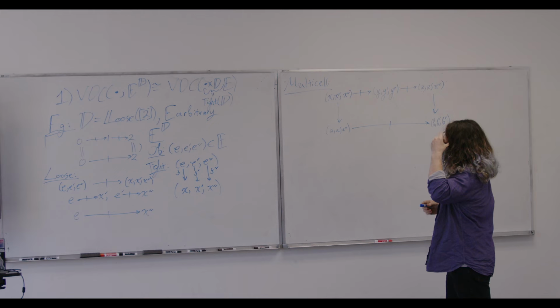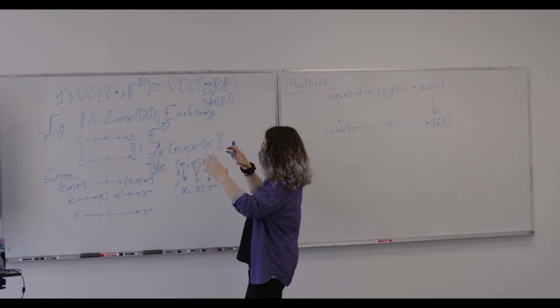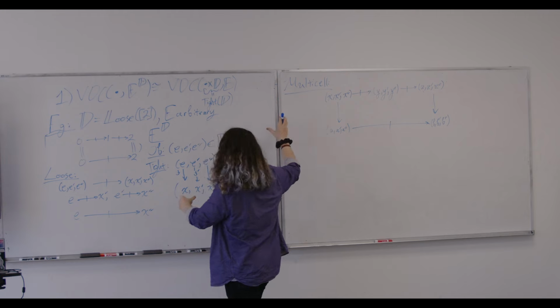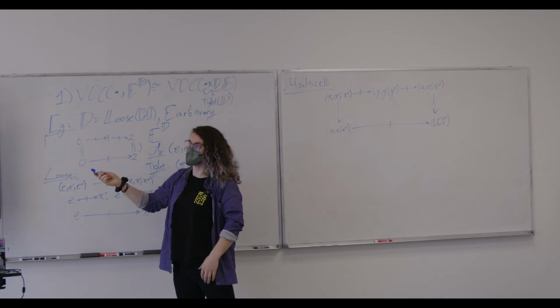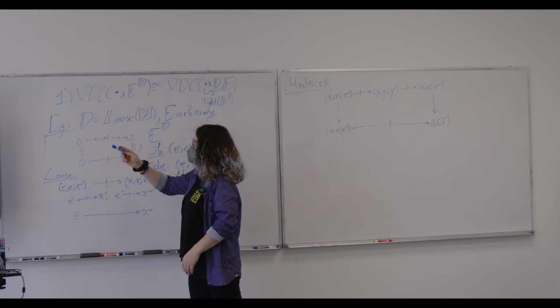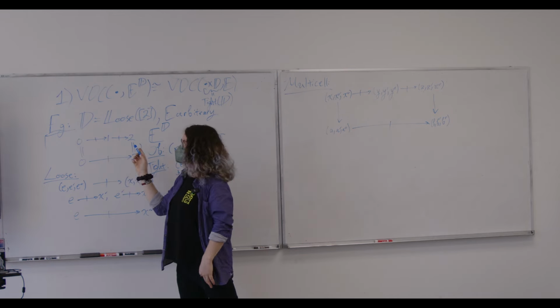And then what's our multicell actually going to do? Well, it's going to take each cell of this shape, which there's only one. Well, there are more than one because there are also ones for the loose identities. But ignoring that for a quick second, there's only one that doesn't involve loose identities, this one.